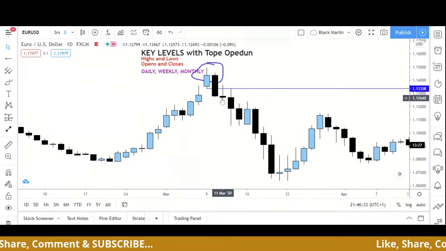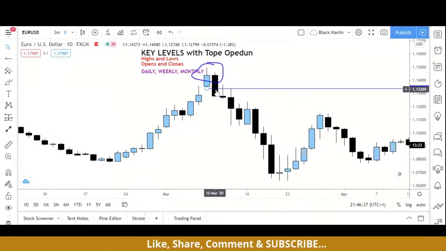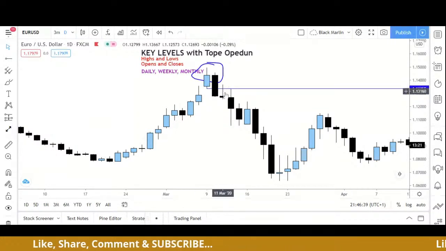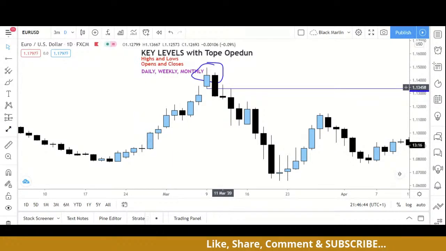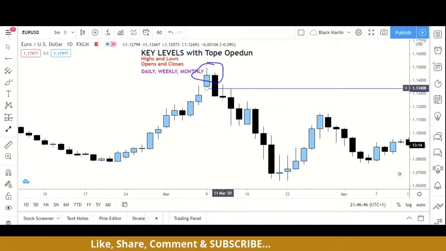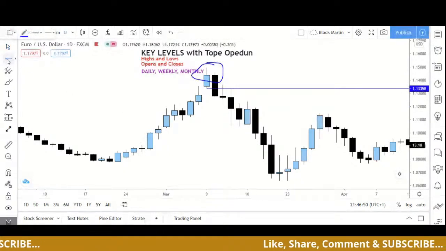Then on the 11th of March, you see price rally up into that key level again, and it gives you the price action we're looking for. Okay. And from there, you would have entered the trade and you have been going south.